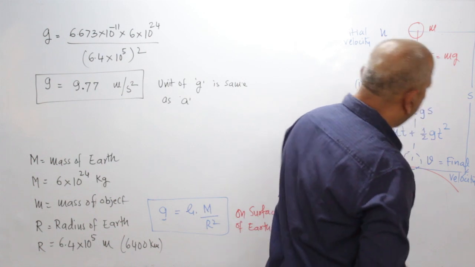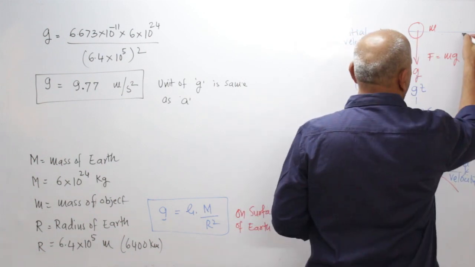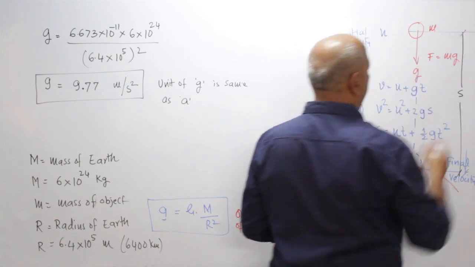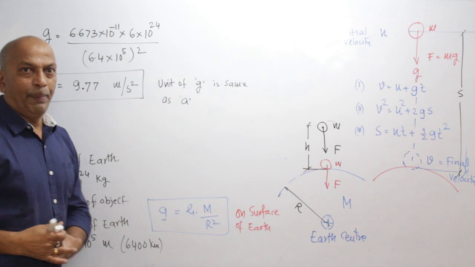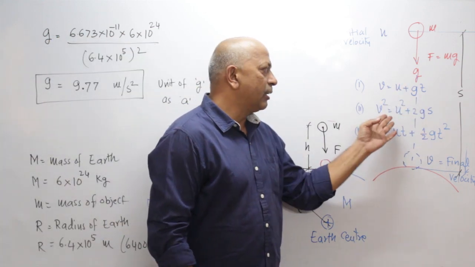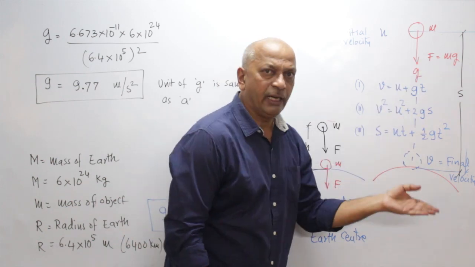From here, I don't know whether you can see this value s, I'll write it down here. So this is the s. S is the height. So applying Newton's kinematic equations, you can calculate v, time, then distance, everything you can calculate.